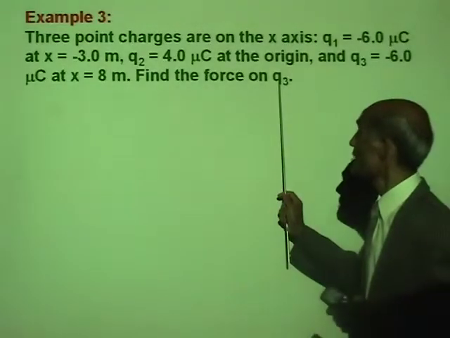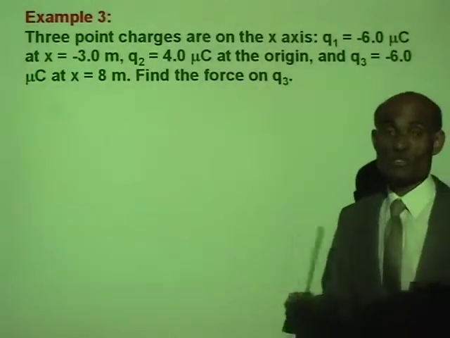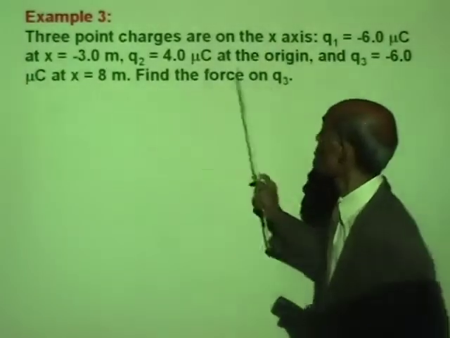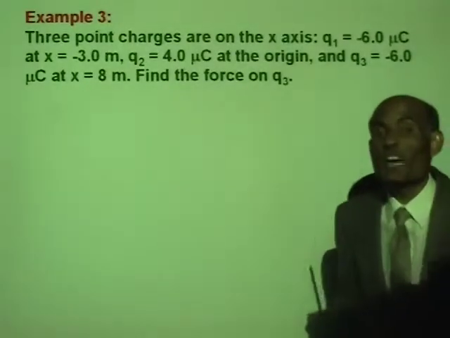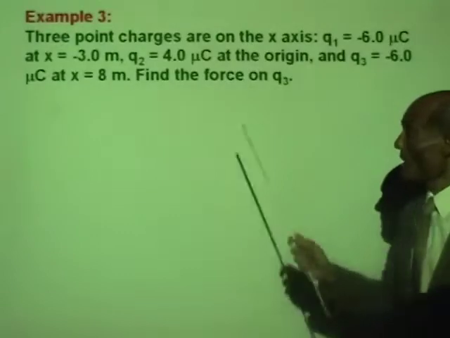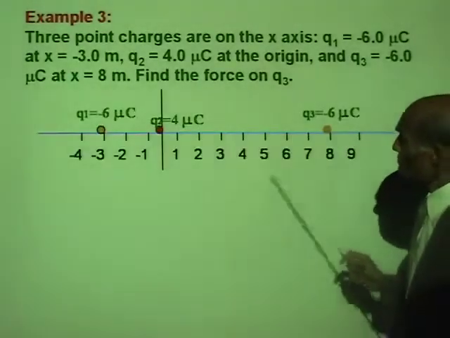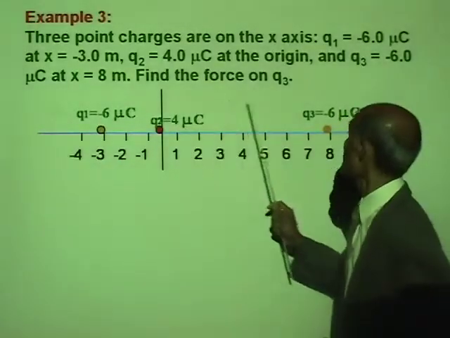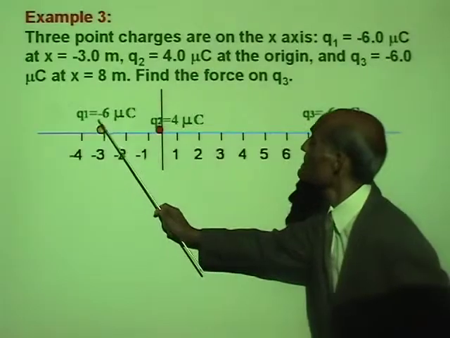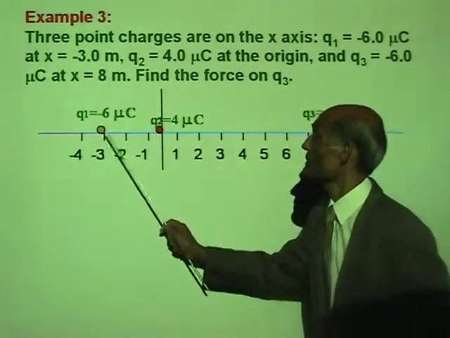Remember, Q3 experiences a force due to Q1. It also experiences a force due to Q2. The net force is therefore the vector sum. Alright, how do we go? Make a mental picture. Now here is the picture of what is happening. You have a charge Q1 equal to negative 6 microcoulomb at x equal to negative 3.